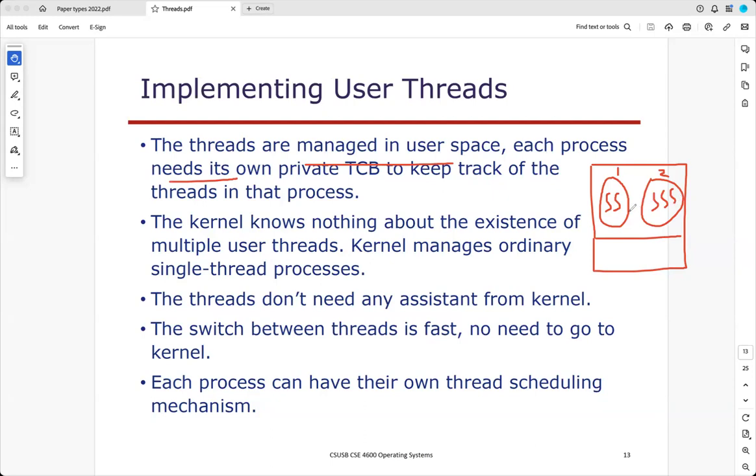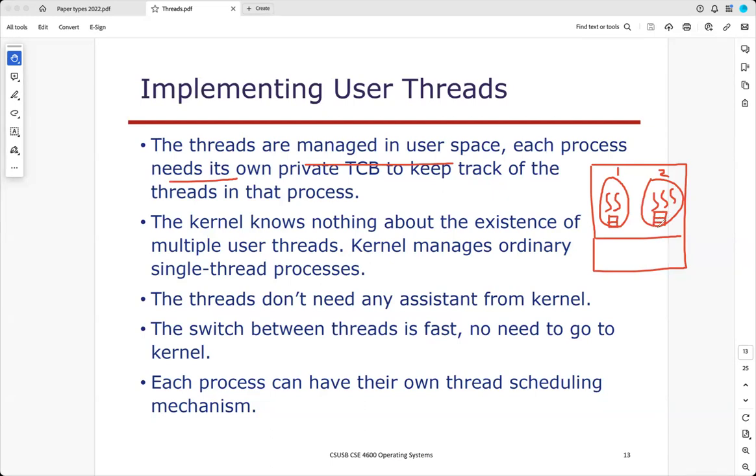Now the process itself will maintain these threads. Process 1 will maintain and keep track of 2 threads, and process 2 will maintain and keep track of these 3 threads.